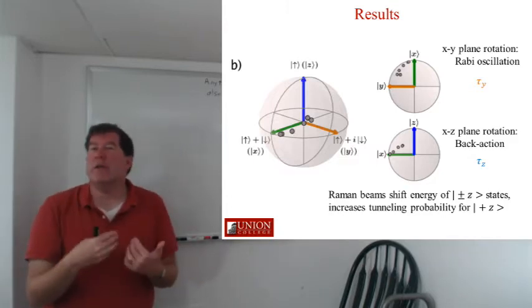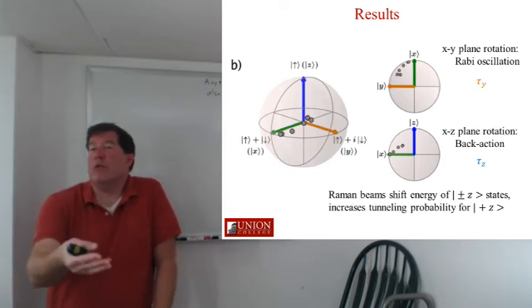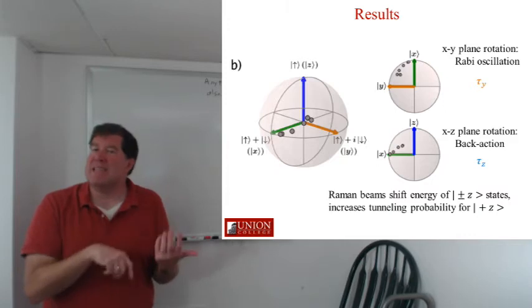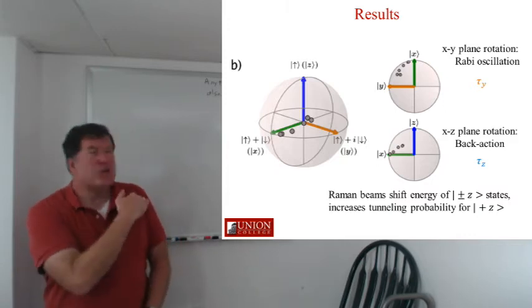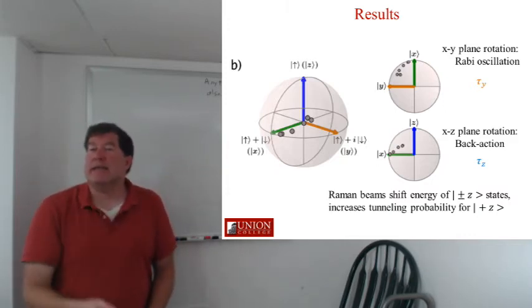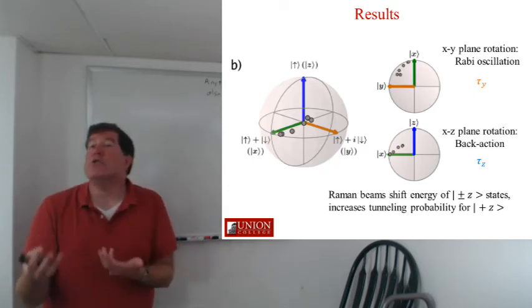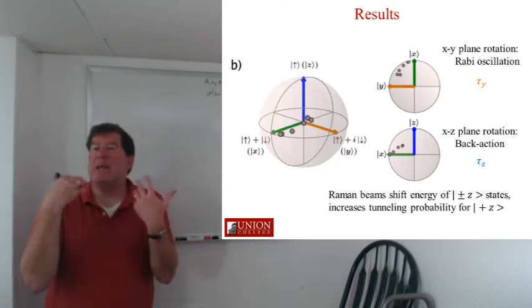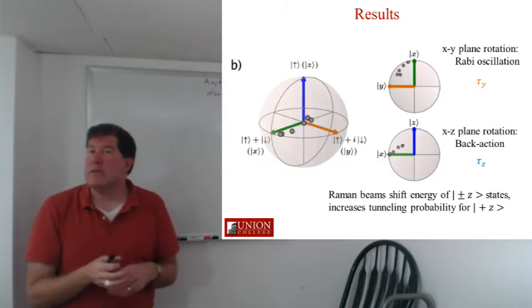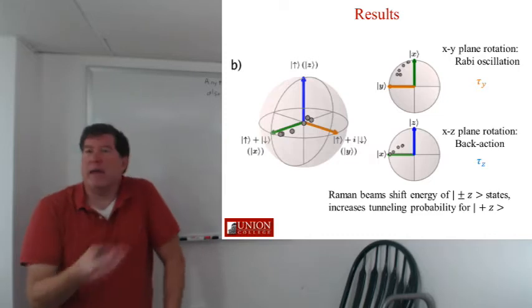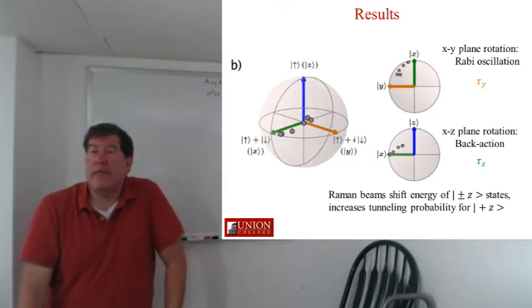Its energy is shifted in a way that makes those atoms more likely to survive, whereas the minus Z atoms are less likely to make it through. So that shows up as this change in angle in the XZ plane. All right, and that's understood in terms of making measurements of these quantum states as they evolve, so it's a measurement back action, and they can predict a time that's associated with that, and they can measure a time that's associated with that.